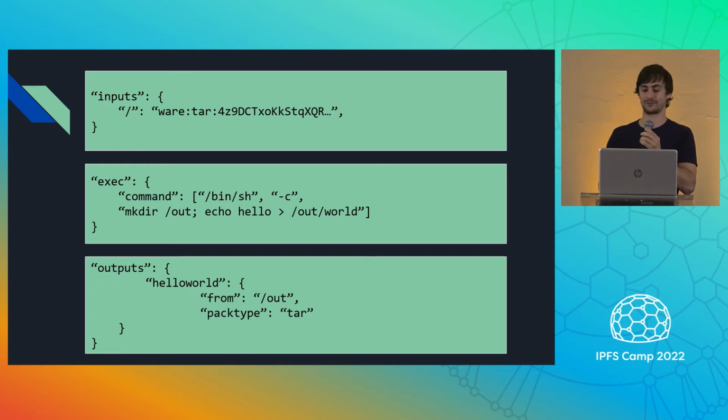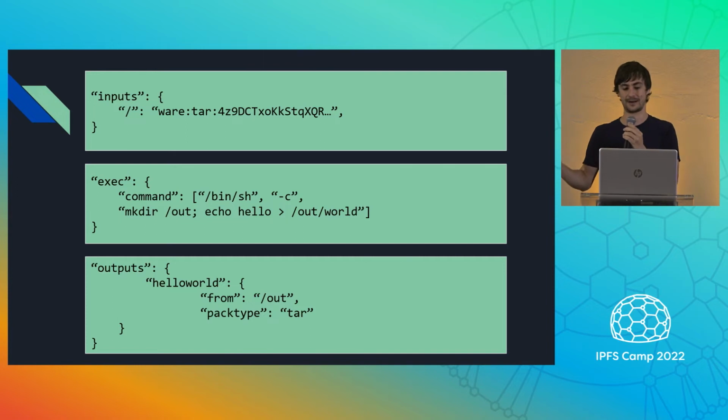And in this case, we're just running /bin/sh and running a very simple command to put the text hello into a file called /out/world. And then lastly, we might want to take that file and do something with it later. So we set up an output that picks just the /out directory, and we'll pack that up as a tarball. And that output is now something we have in our list of wheres that we can work with, and it can become an input to another formula.